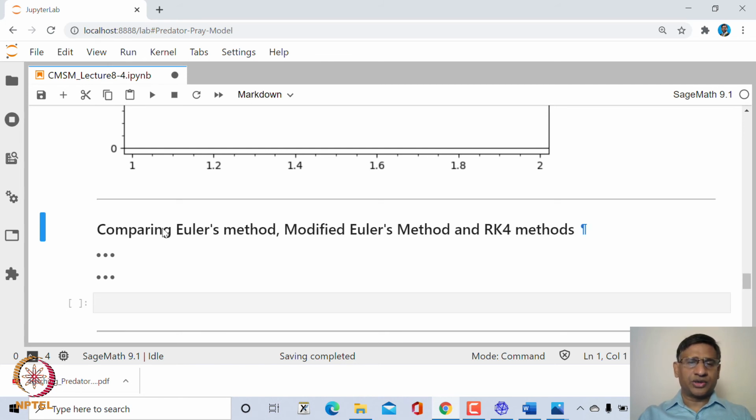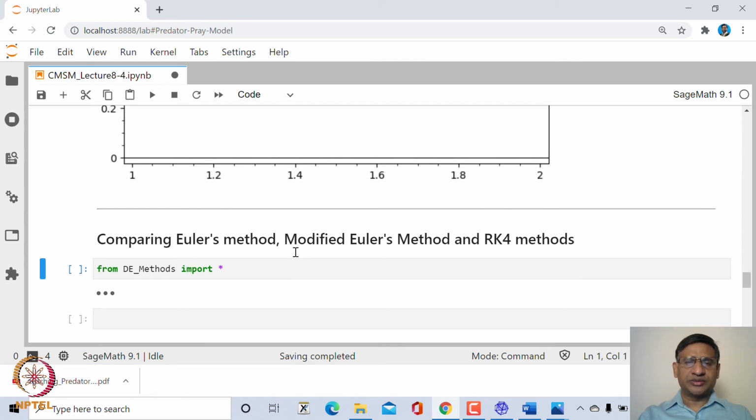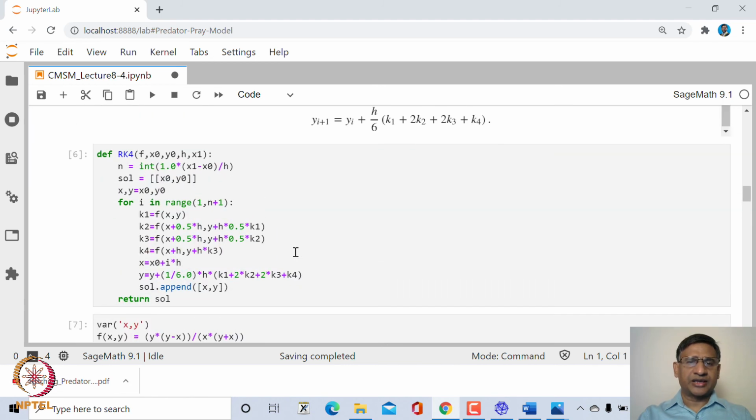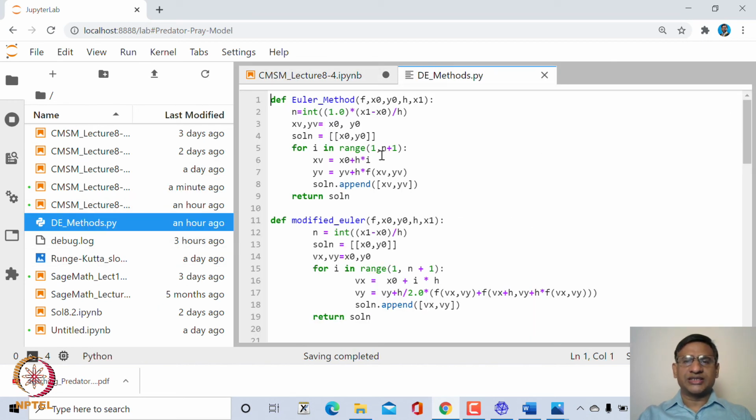So, first of all, we will store these user defined functions we have defined, namely the RK4 method and the earlier two methods, in a file which we have called de_method.py. So, these functions I have stored here. We saw how to create a Python module.